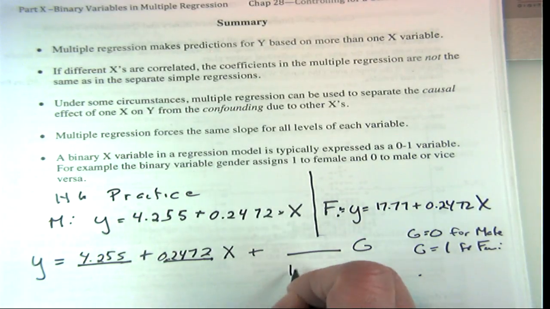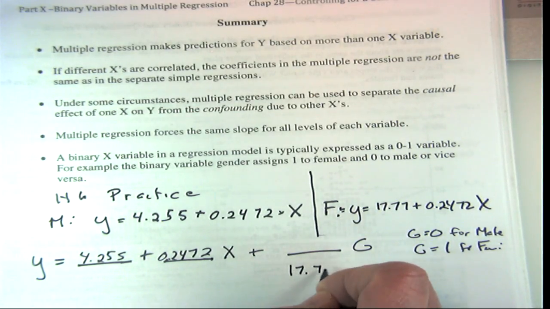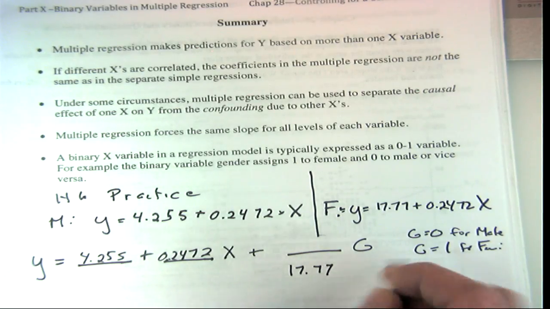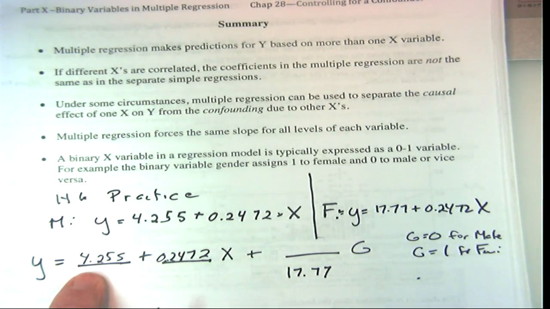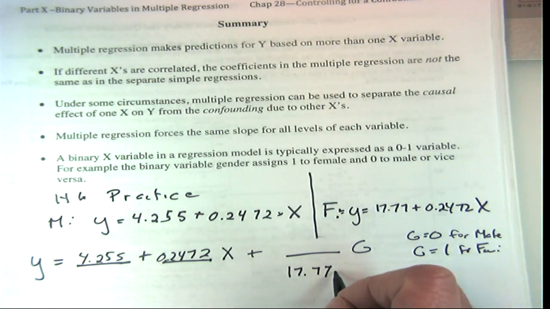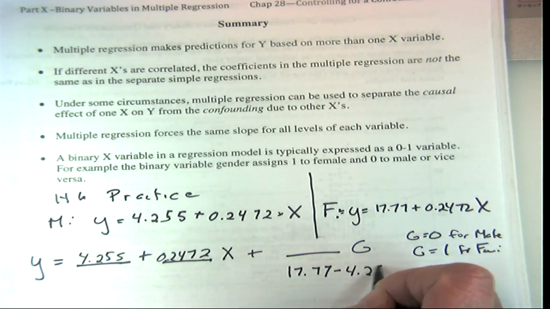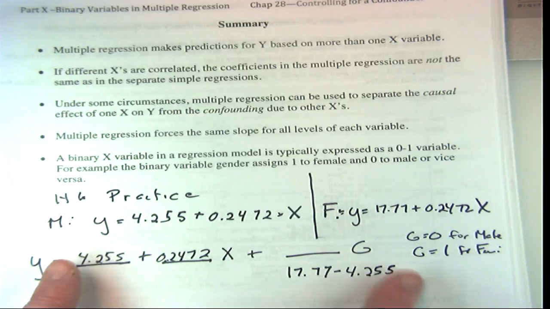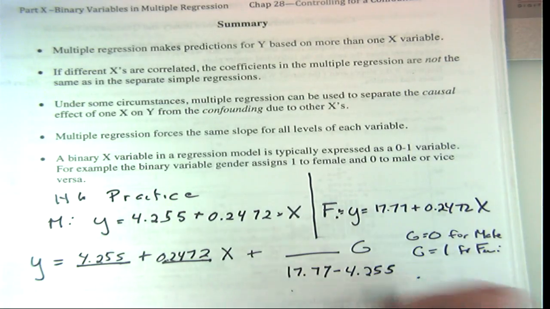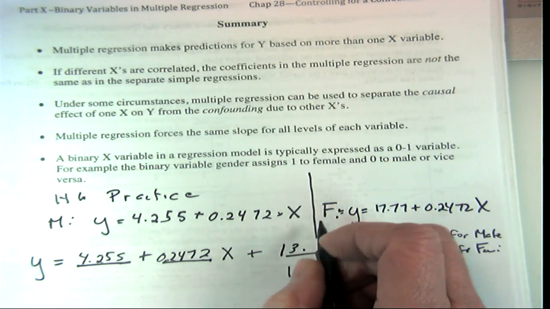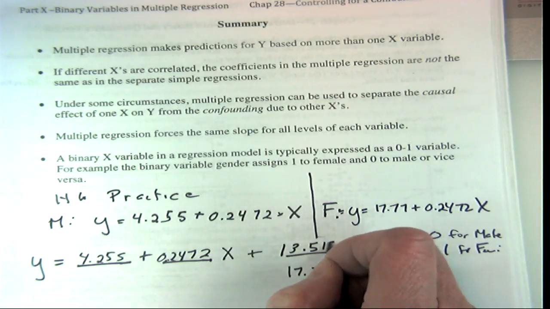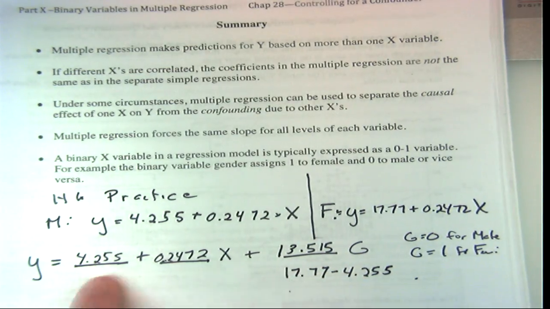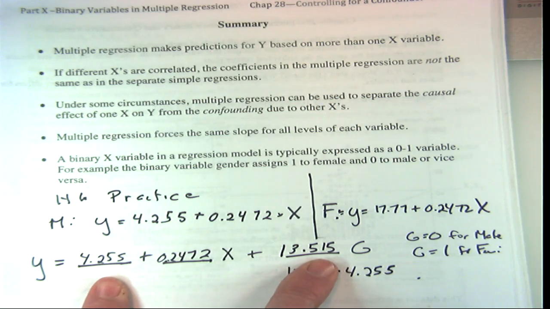So I basically want 17.77 as my intercept. But I have 4.255 already, so I have to subtract it off. And that leaves 13.515. So that's the multiple regression equation that we should have gotten within rounding, right?